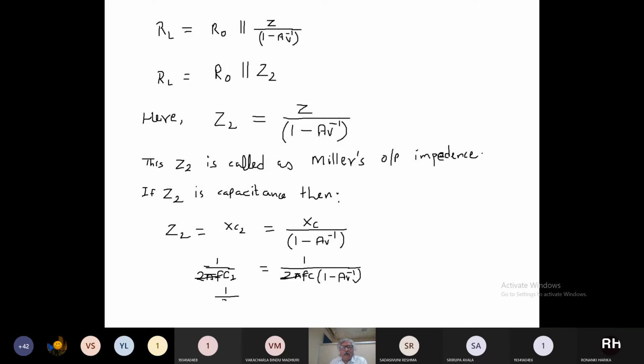So we get 1 by C2 equal to 1 by C times 1 minus AV inverse, or C2 equals C times 1 minus AV inverse.